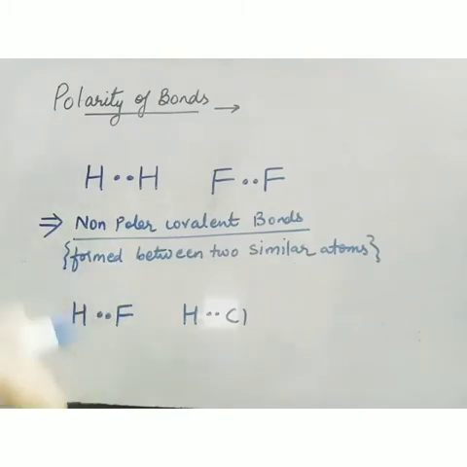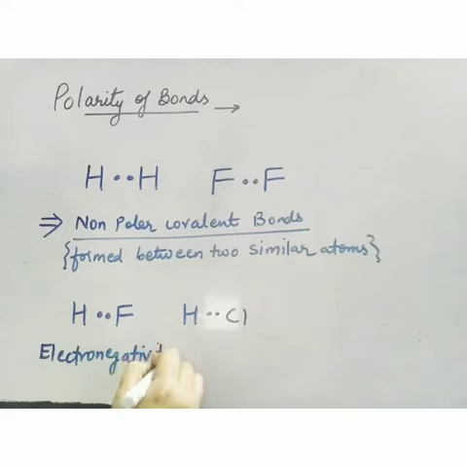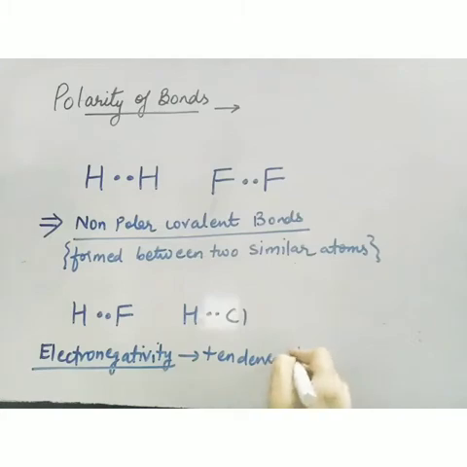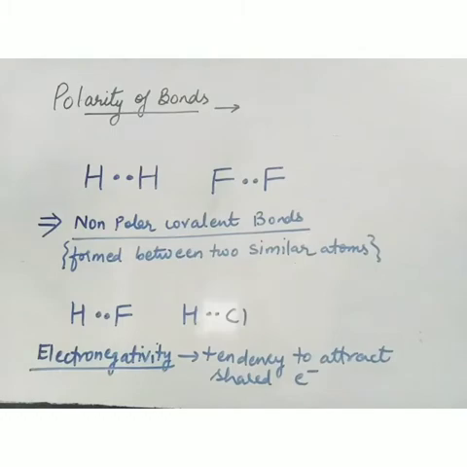And if the atom is having greater nuclear charge, it has more tendency to attract electron. And this tendency we have learnt in unit number 3, that is known as electronegativity. So I will mention here that word. Okay, tendency to attract shared electrons. So fluorine is having greater nuclear charge, so it has more tendency to attract the shared electron.